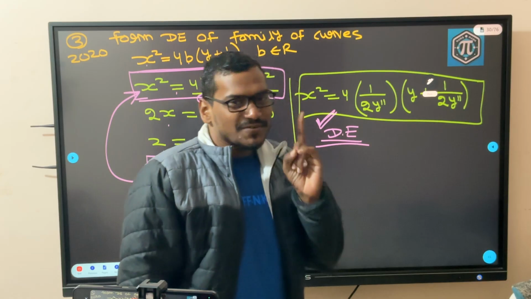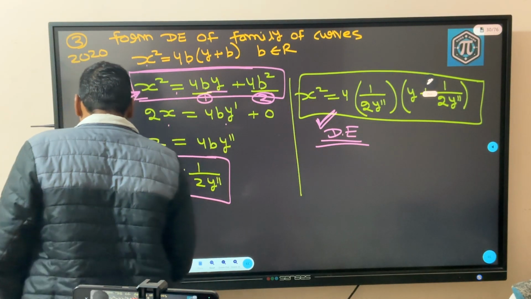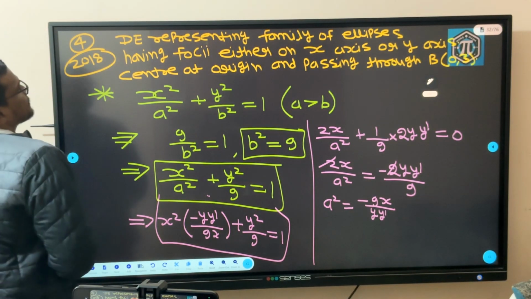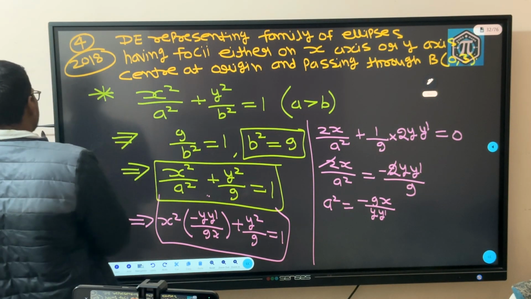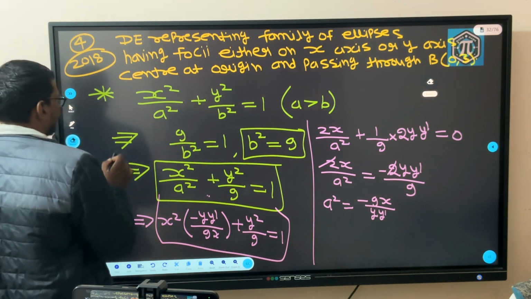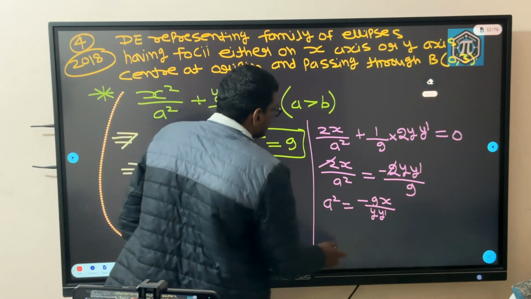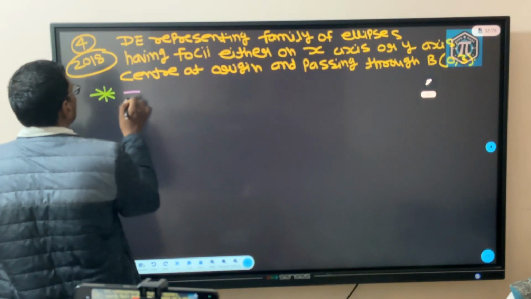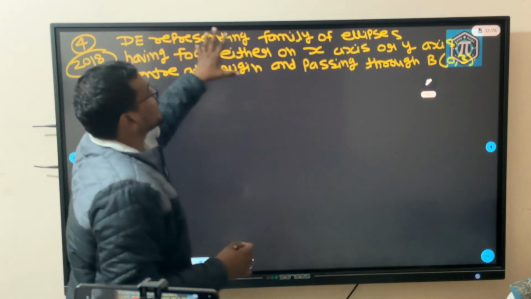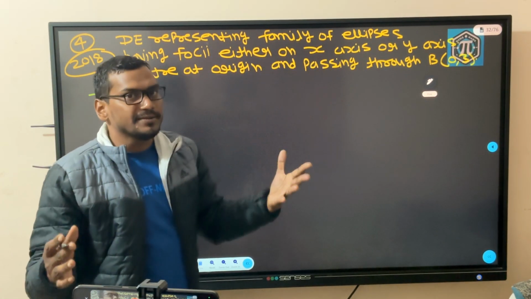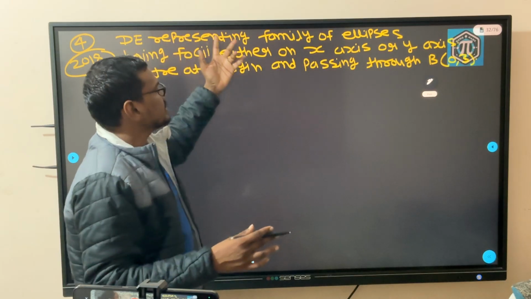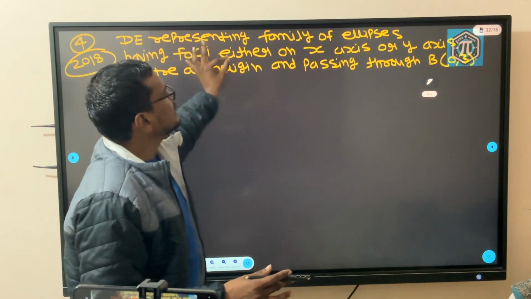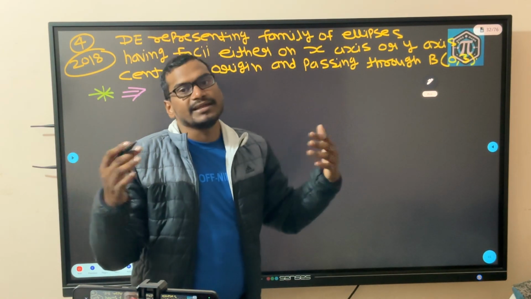Alright, one more question we are going to see. Oh, not one, two more. Yes. See, what is the question? Differential equation. I will clear it so that we can think about this question from scratch. Right? So see, beta. Differential equation representing family of ellipses. So you have to find the differential equation representing the family of ellipses whose foci are either on the x-axis or on the y-axis.